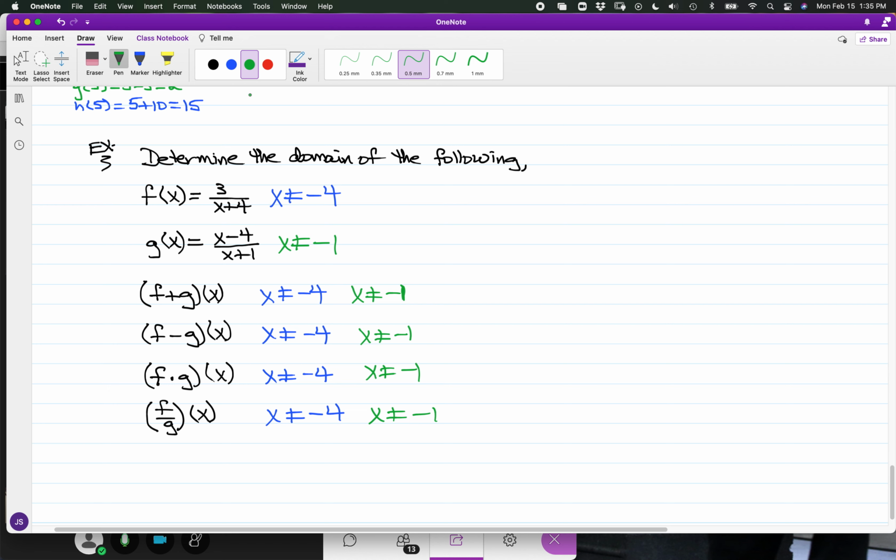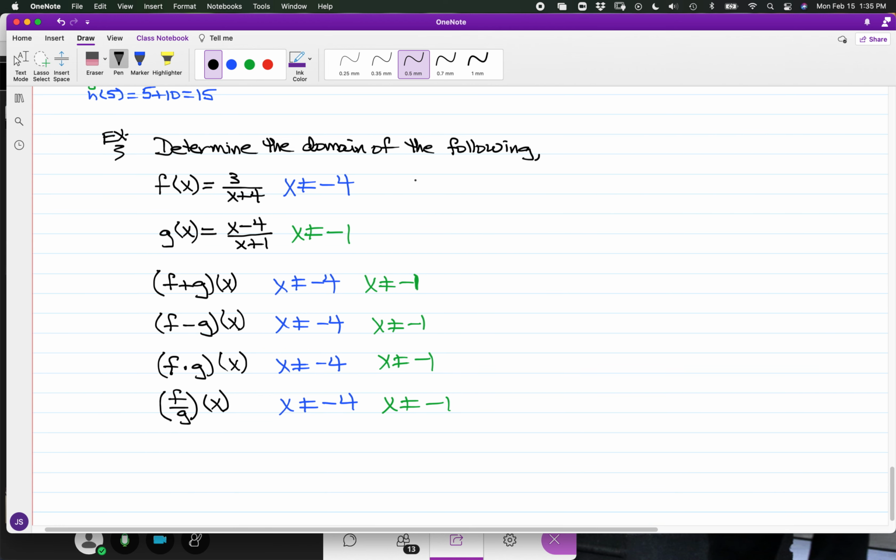Now, for the domains, for f of x, x cannot be negative 4. So for the domain, you're looking at those values of x less than negative 4, as well as those that are greater than negative 4. And for g of x, only negative 1 is excluded, so you have those values of x less than negative 1 and those that are greater than negative 1.